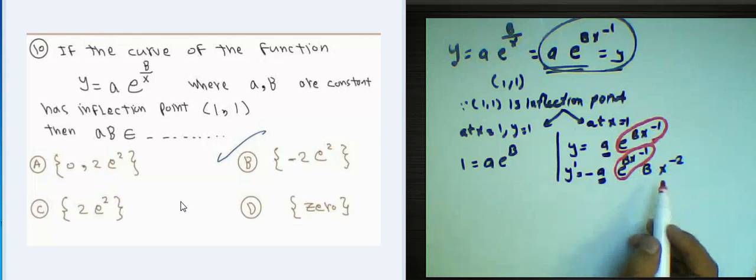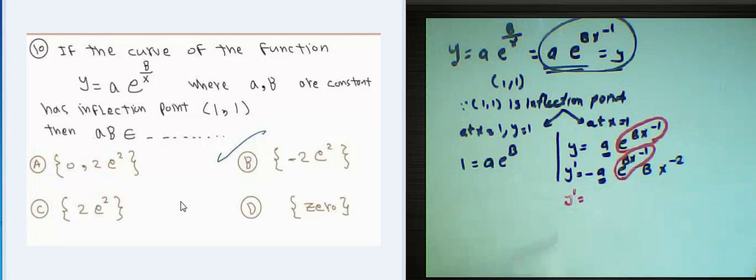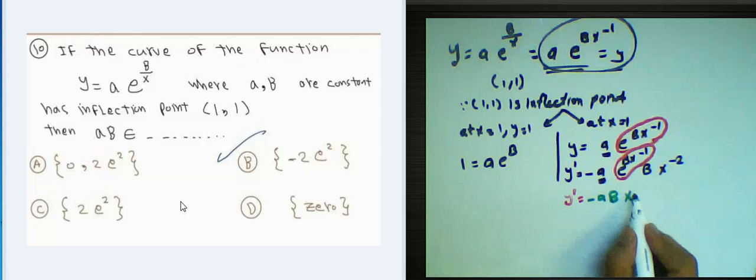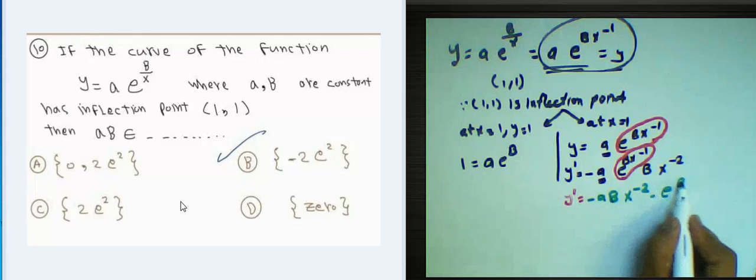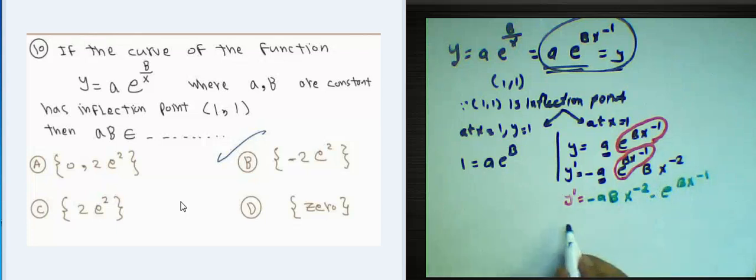You can write y dash in simplest form as negative a times b times x to the power negative 2 times e to the power b x to the power negative 1, and then you can find the second derivative of this function.